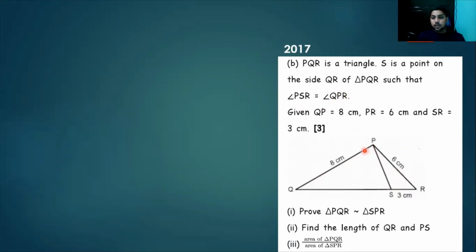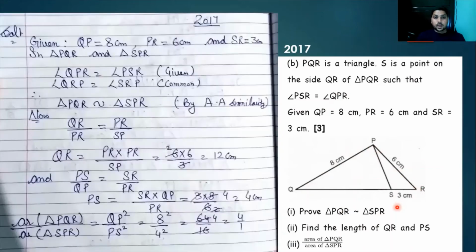This complete angle is equal to this particular angle. And we have been given the values of the sides here. What we have to prove is that triangle PQR is similar to triangle SPR here.